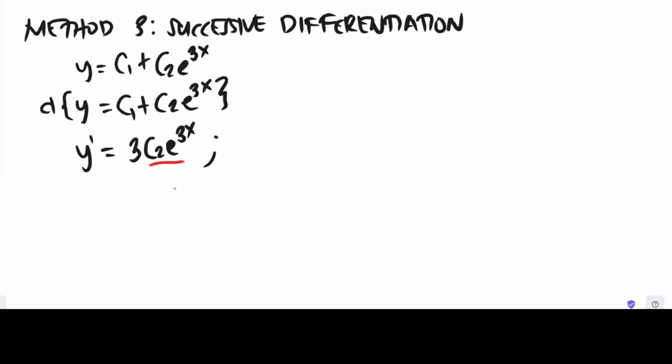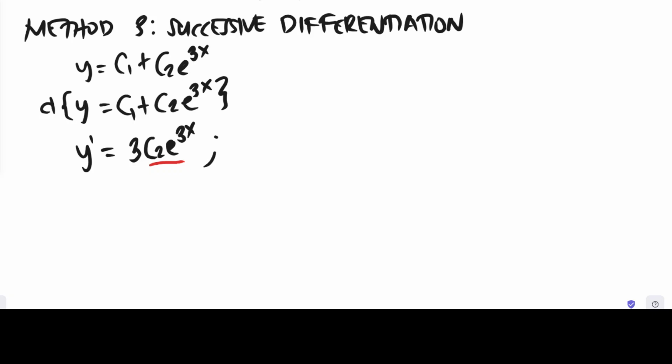Now, I will try my best to explain the thought process here, but you see, e raised to 3x makes this equation a bit more complicated to manipulate. So if we can also find a substitute for e raised to 3x as well, it may make the equation easier to manipulate.